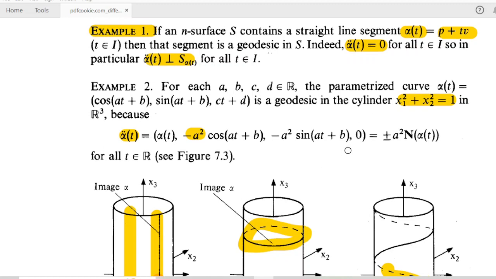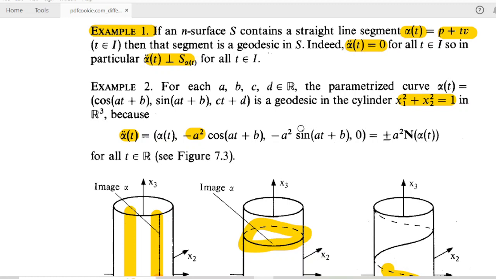So another simple form is to take the dot product of alpha double dot of t with alpha dot of t. So alpha dot is a times sin(at+b) here and it will be cos(at+b) here. So when you do the dot product of alpha double dot with alpha dot, we know we get sin(at+b)cos(at+b) minus sin(at+b)cos(at+b).